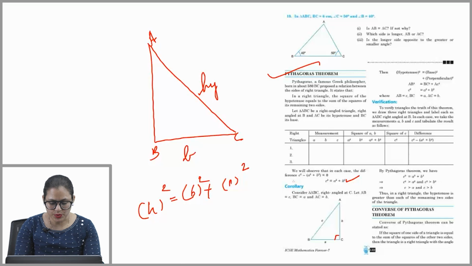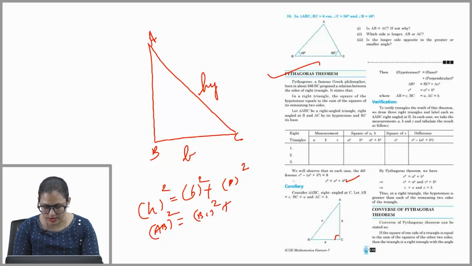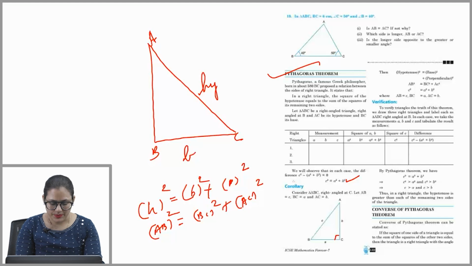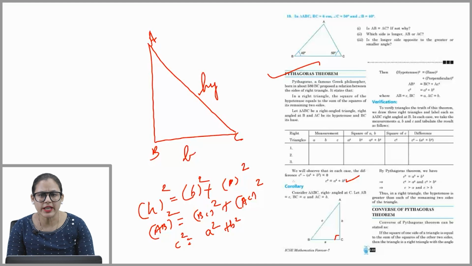Hypotenuse is AB, base is BC, plus perpendicular is AC. That is c square is equal to a square plus b square, where AB is equal to c, BC is equal to a, and AC is equal to b. Now, let's verify.